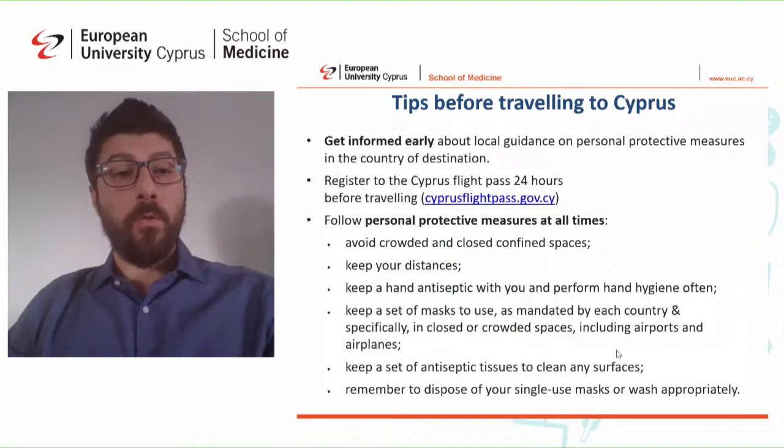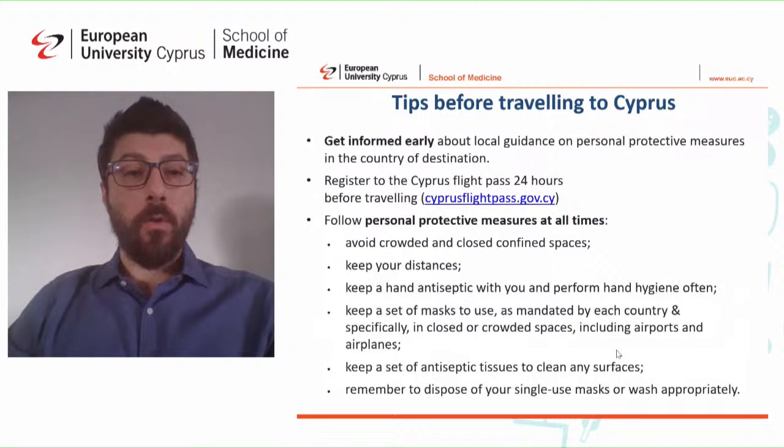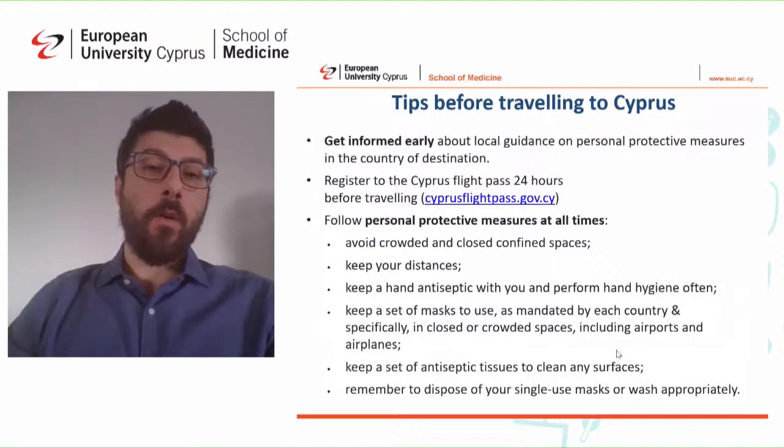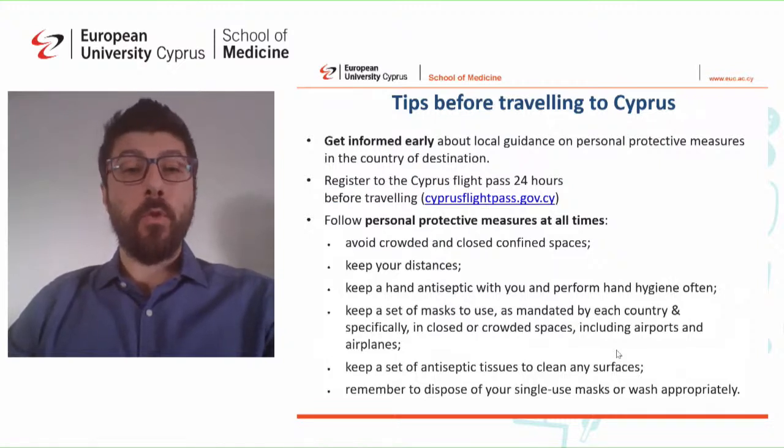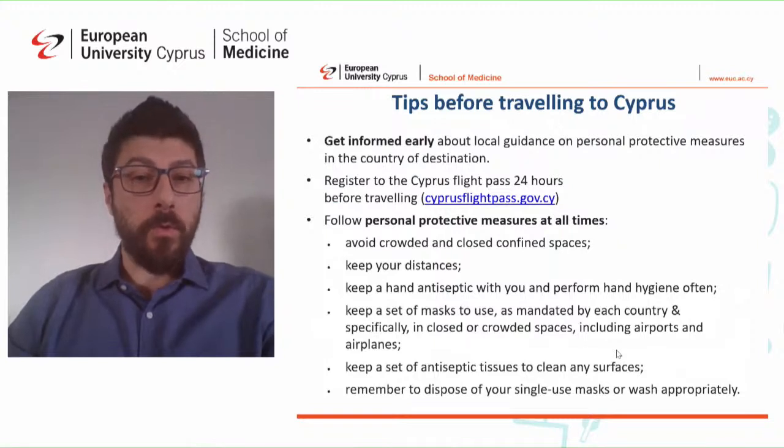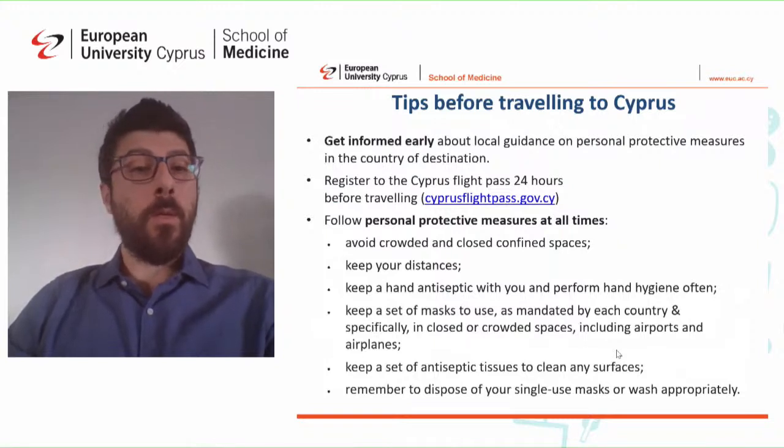Now, another tip is to apply personal protection at all times. You're going to travel through crowded and closed spaces, so you need to protect yourself. You don't want to be exposed to any positive case. So try to keep your distance, especially in queues inside the airport.